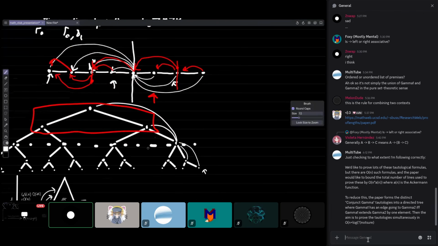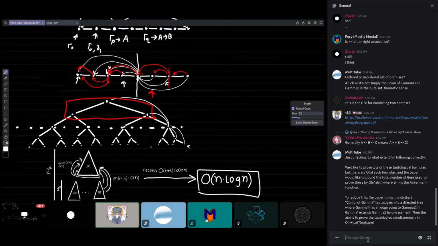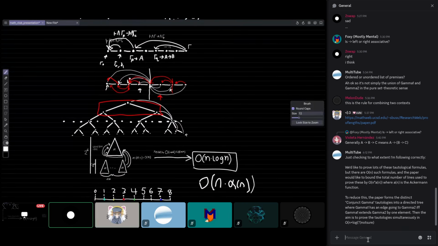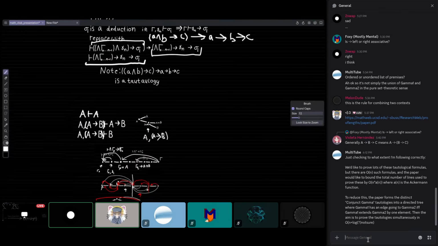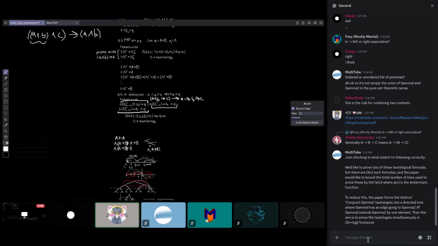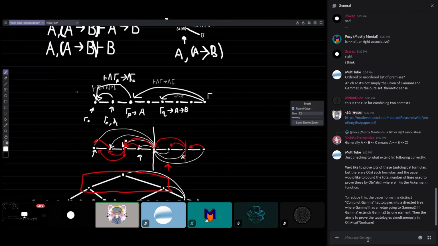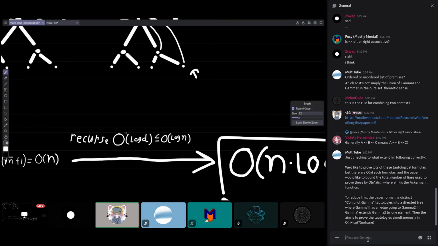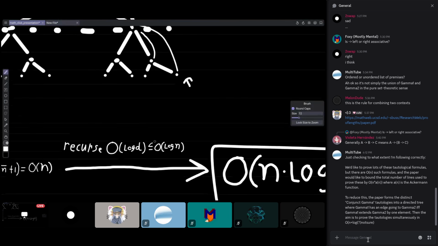Wait, is the graph going to be balanced in practice? No, not really. Oh, okay, then I take back what I said about it being O of log n. In this special case where you have a stick, log of the depth is the same thing as log of n.